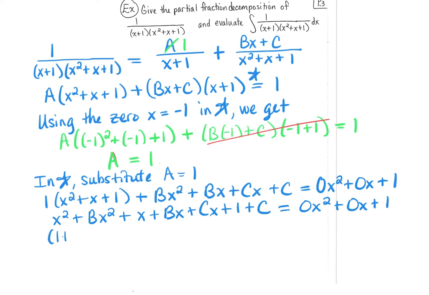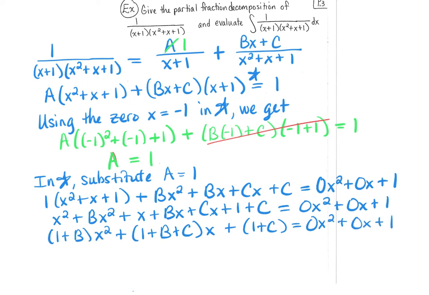So you have 1 plus b times x squared plus 1 plus b plus c times x plus the constant 1 plus c equals 0x squared plus 0x plus 1. So now what we do is we set our coefficients equal to each other.